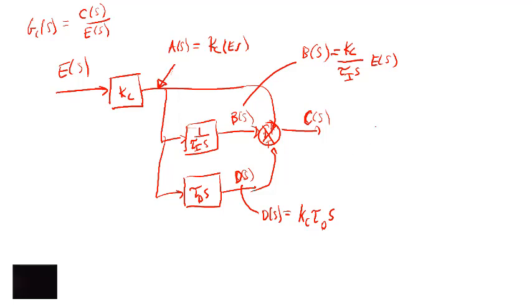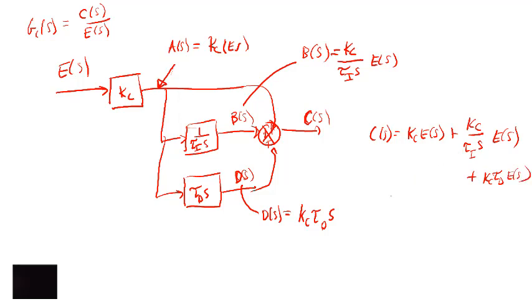And so now for this term C(s), we add all of these things together. We have A, which is Kc times E(s), plus Kc over tau I s times E(s), plus Kc tau d E(s).